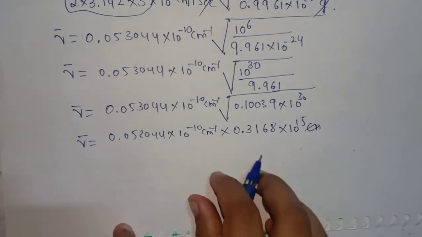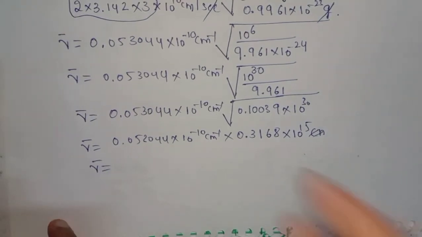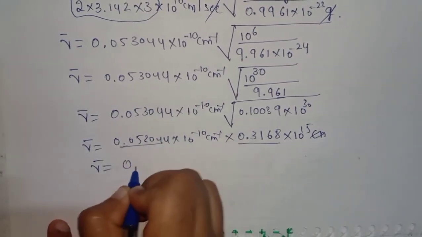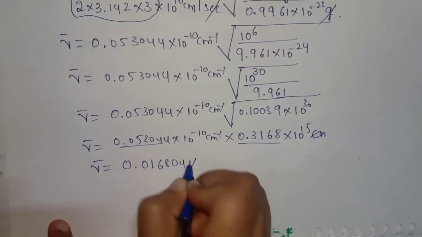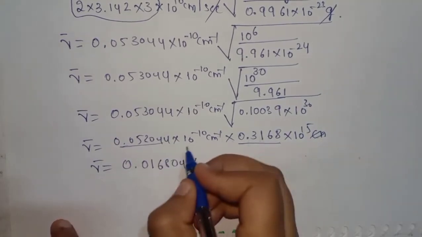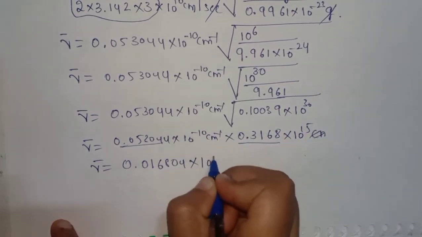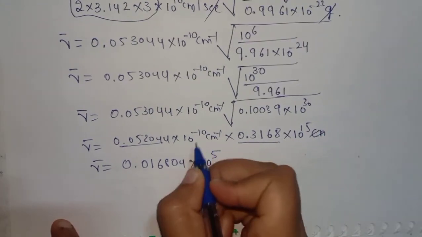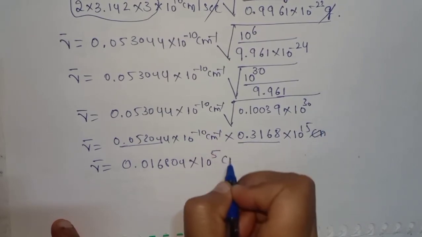And now nu bar is equal to, if I multiply these two things, I will get 0.016804 into 10 raised to minus 10 and 10 raised to 15 will become 10 raised to 5, that is minus 10 plus 5, that is 5. Sorry, minus 10 plus 15 will become 5, and centimeter inverse.